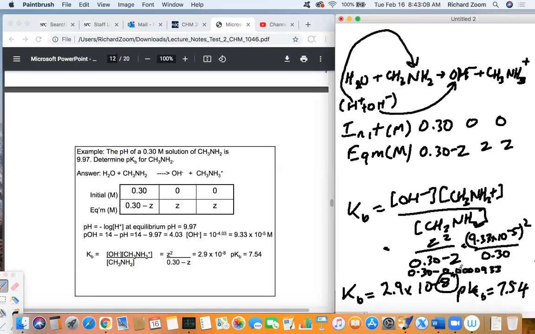You have to do it in 2 separate steps. You take the log first. Often people will try to take the log of a negative number, which is not going to be very useful. You'll end up with an error that way. So we take the log first and then take the negative of that log value, and that gives you the pKb.